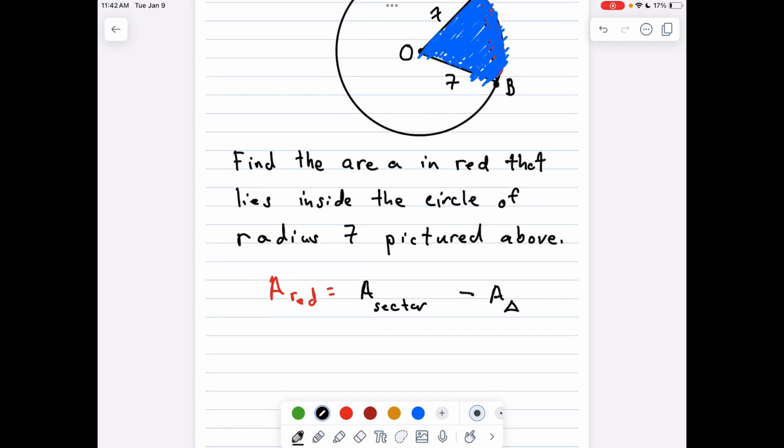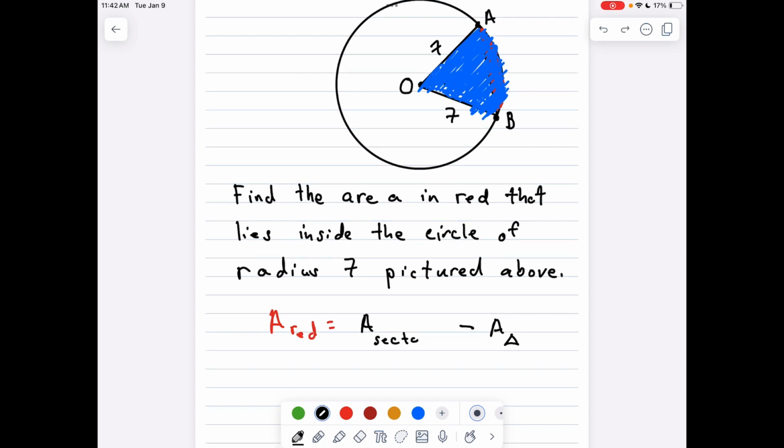Let me write a subscript here, sector. So that is how I plan on figuring out this area right here. Again, it's the area of that whole sector minus the area of the triangle.